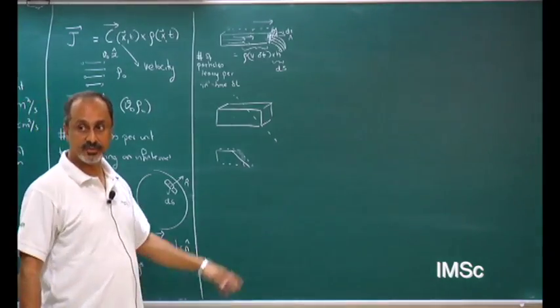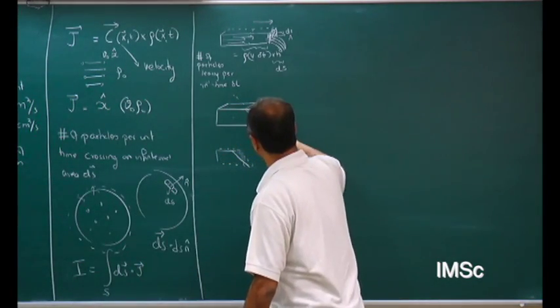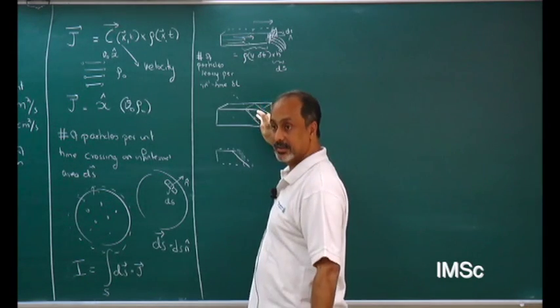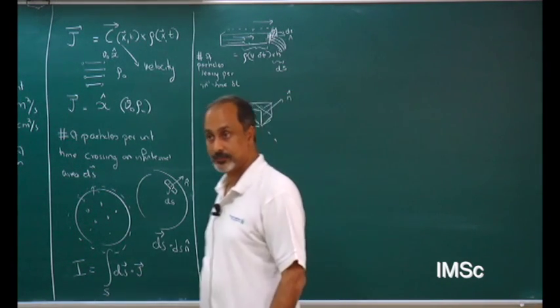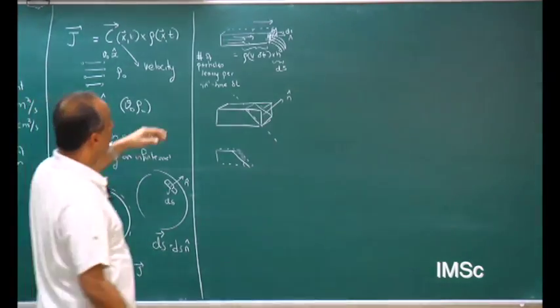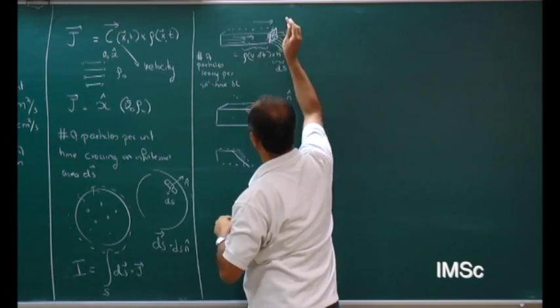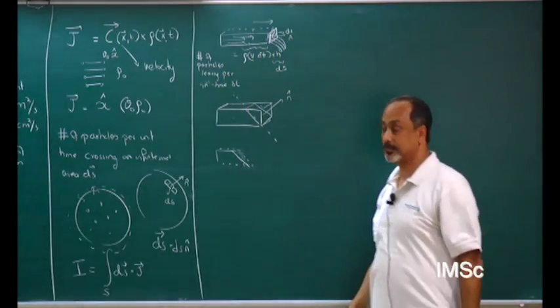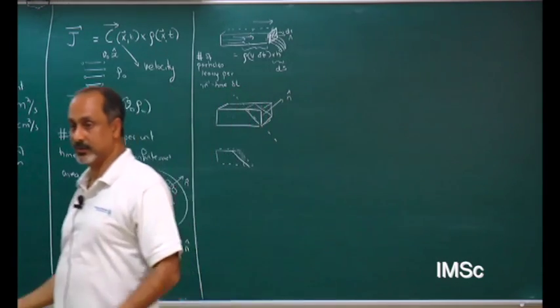What I have changed, however, is the way I describe the system, because now the surface area that I have is this surface area, and its normal is now pointing in this direction. In the earlier case, this was h and this was h. It was just a square cross section. So this gets changed here, and we'll have to see exactly how it's changed and account for that.